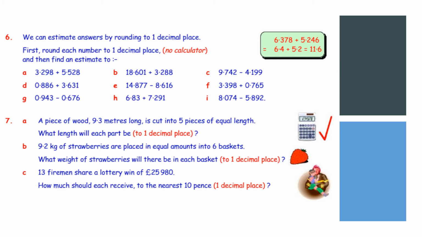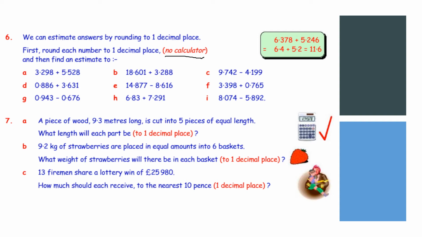6 and 7 are a little bit trickier. This is saying no calculator. So you're going to do this by writing it down, and you're going to round it before you do anything else.